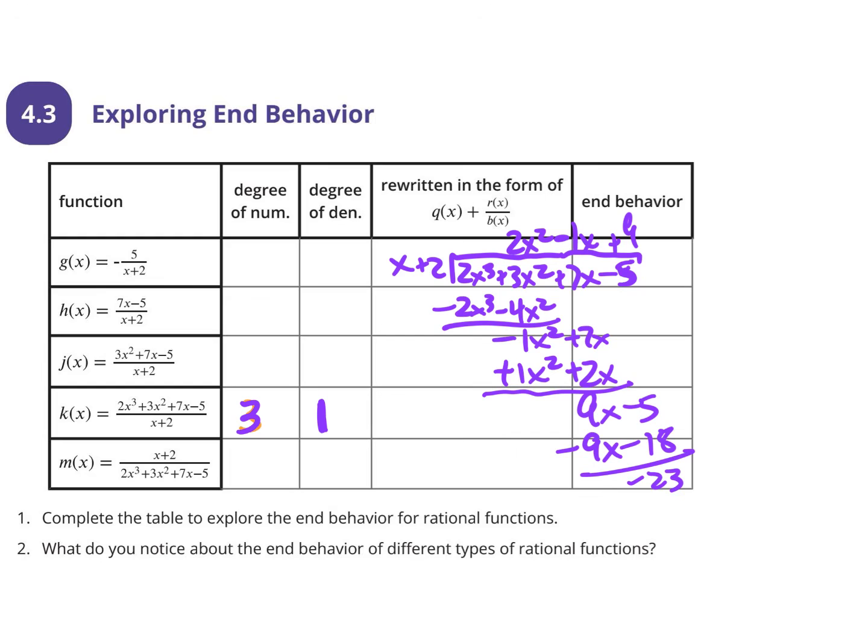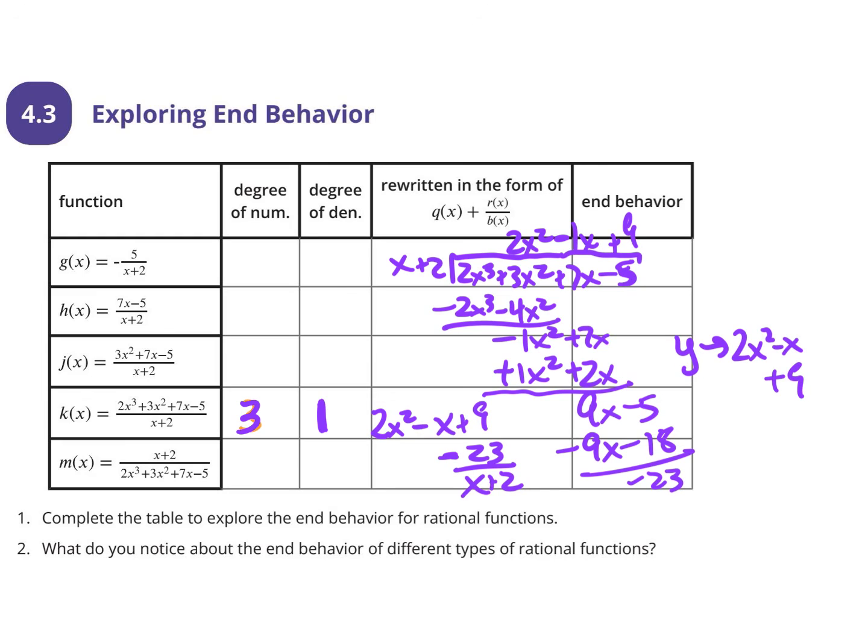Okay, so our answer, our polynomial, is the quotient 2x squared minus 1x plus 9. Our rational part is -23 over x plus 2. So what do we say? y will go to 2x squared minus x plus 9.